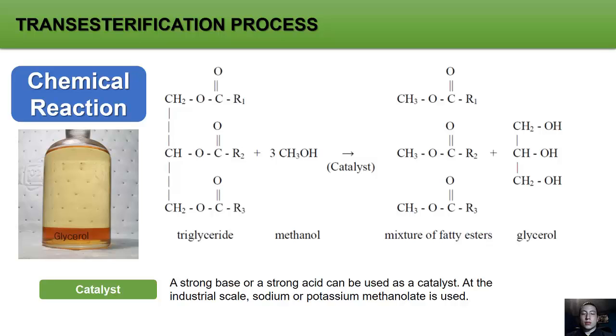The product of this reaction is a mixture of fatty ester plus glycerol. A strong base or a strong acid can be used as catalyst. At the industrial scale, sodium or potassium methanolate is used. The mixture of fatty ester is the biodiesel.